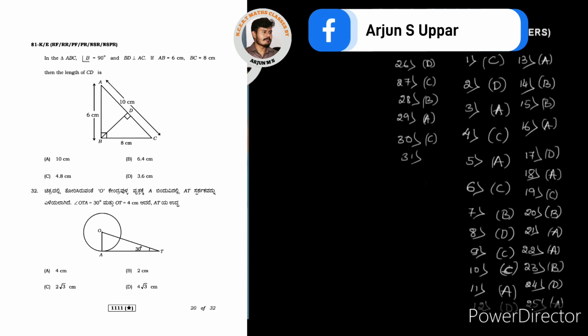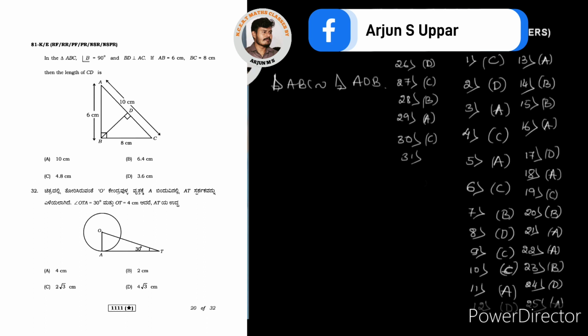So according to this theorem, in this problem, you just observe here, triangle ABC is also a right angle triangle, similar to the right angle triangle ADB, because these two are similar triangles.